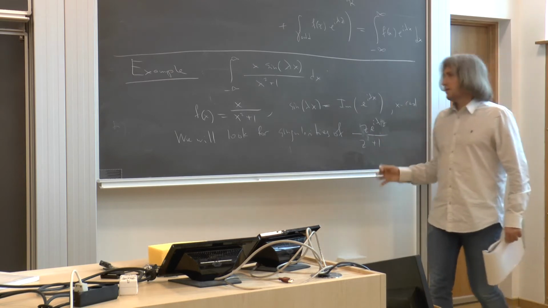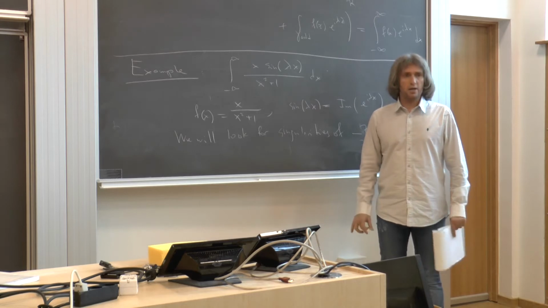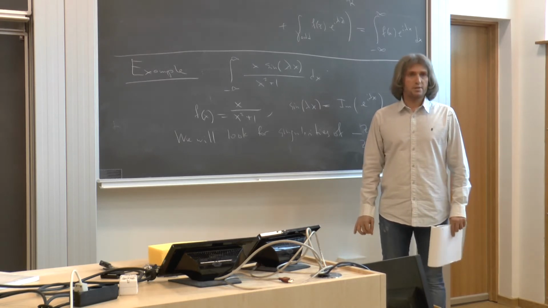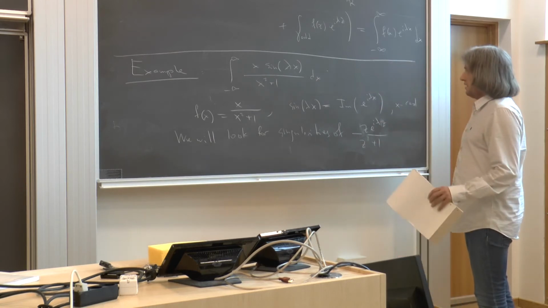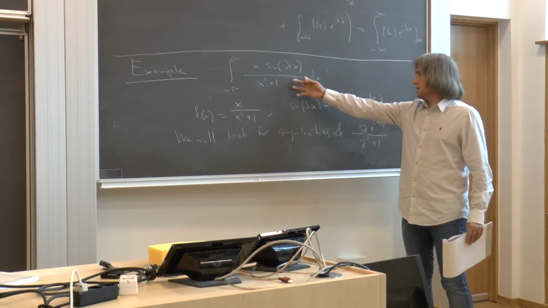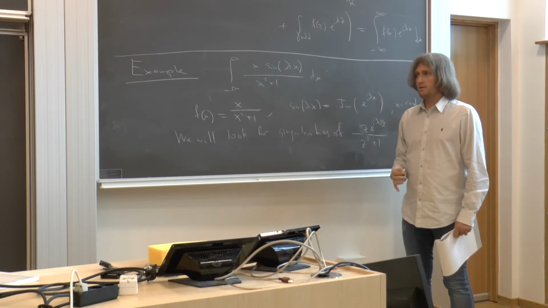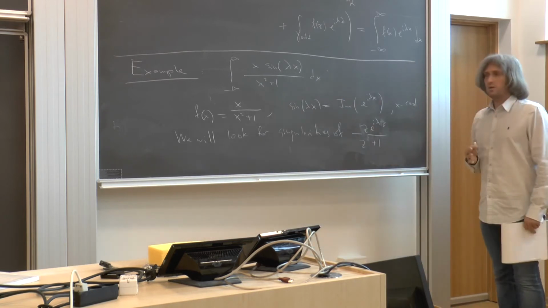I won't even continue because singularities, of course, come from the denominator, so they come from I and minus I. You can calculate residues and you can see what's going on. But the point is that you have some integral which looks very much like a real valued integral, but in fact it fits very well into this scheme.